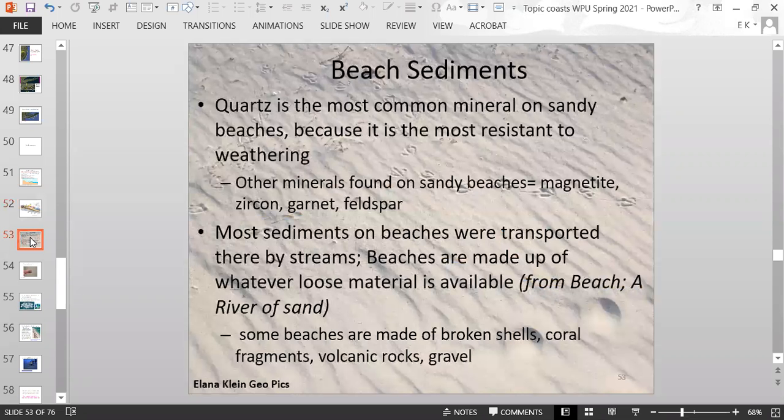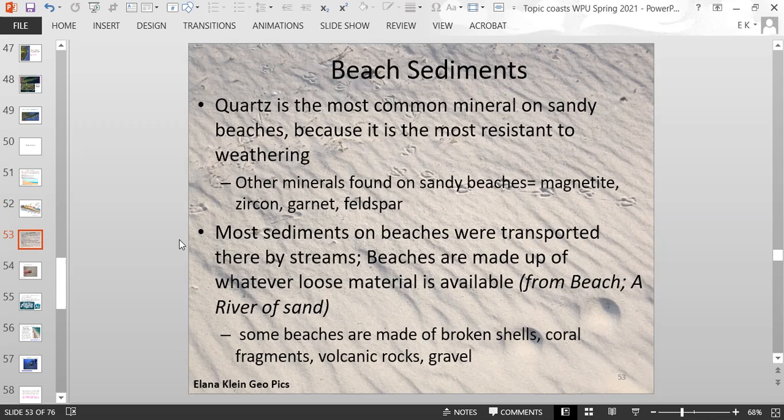Now, what about the sediments on a beach? Quartz is the most common mineral on sandy beaches because it is the most resistant to weathering. You do have other minerals that are found in the sand as well: magnetite, zircon, garnet, and feldspar.